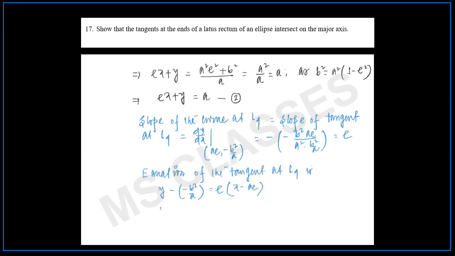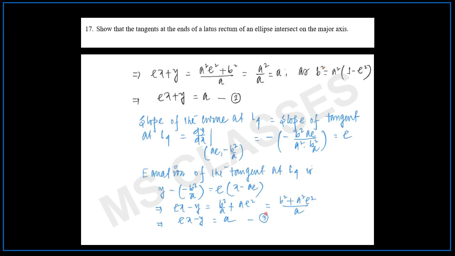Now this on simplification will give us ex minus y equal to b square by a plus a square by a. Now this simplification gives us b square plus a square by a. Now this further simplification gives ex minus y equal to a, and this we mark as equation 3. We have used here the same value of b square which we have already used earlier, and we got this one.